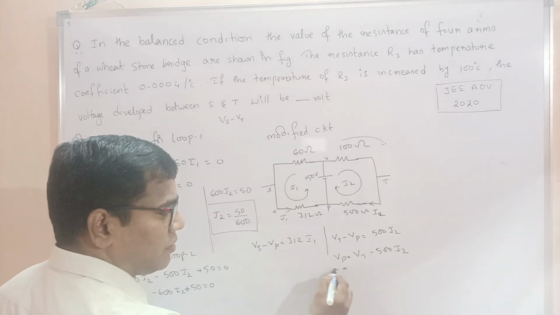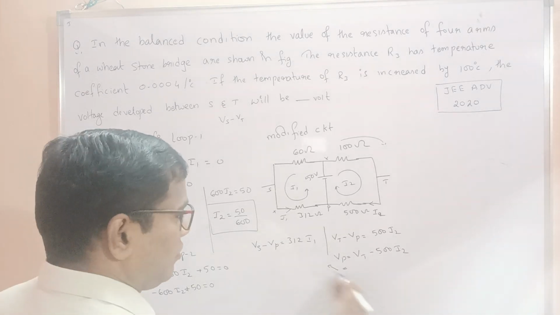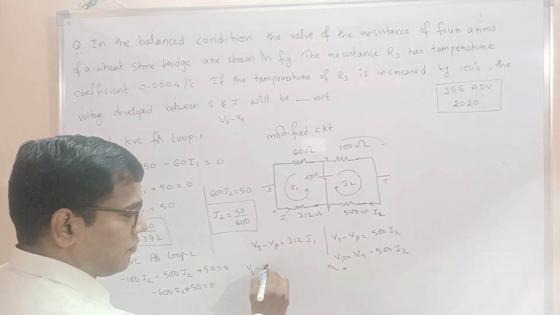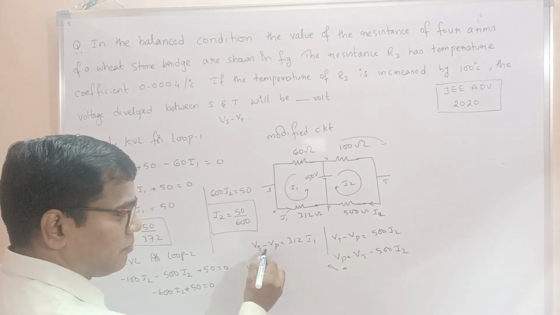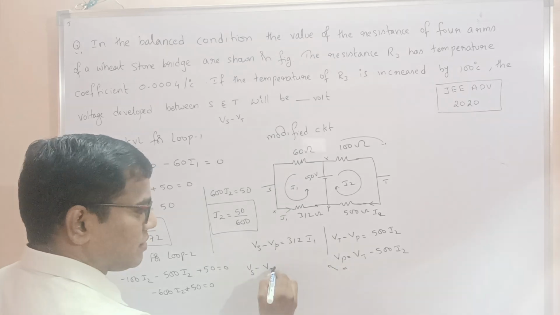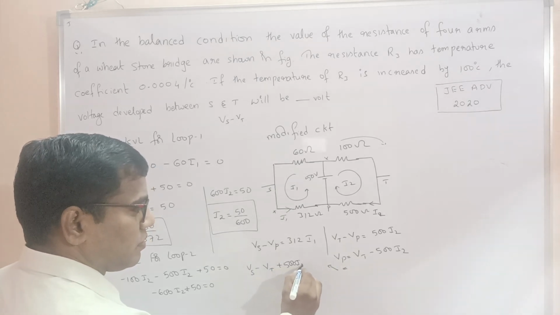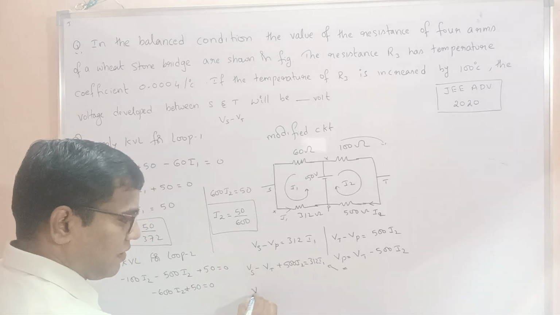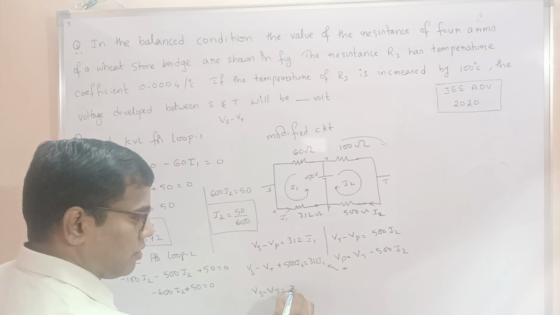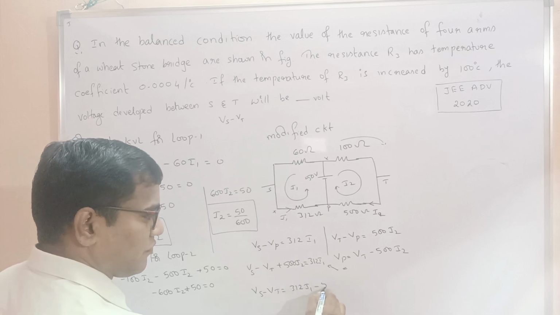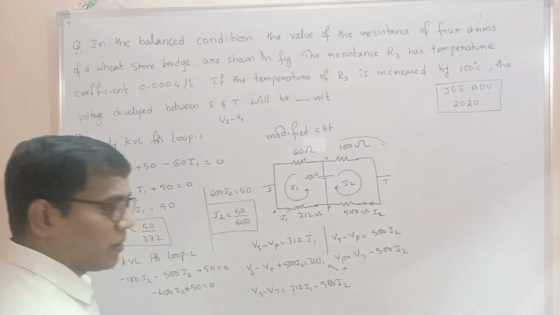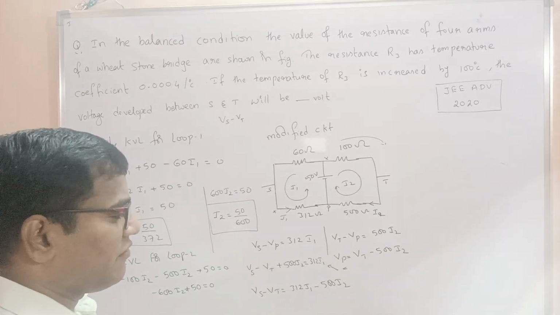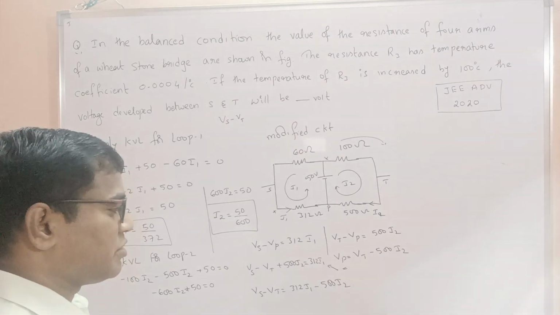I will substitute the Vp value in this equation. So Vs minus Vp, that is Vs minus Vt plus 500 I2, is equal to 312 I1. So we can write Vs minus Vt is equal to 312 I1 minus 500 I2. And we already calculated the I1 and I2 values. So we will substitute and we will get the answer.